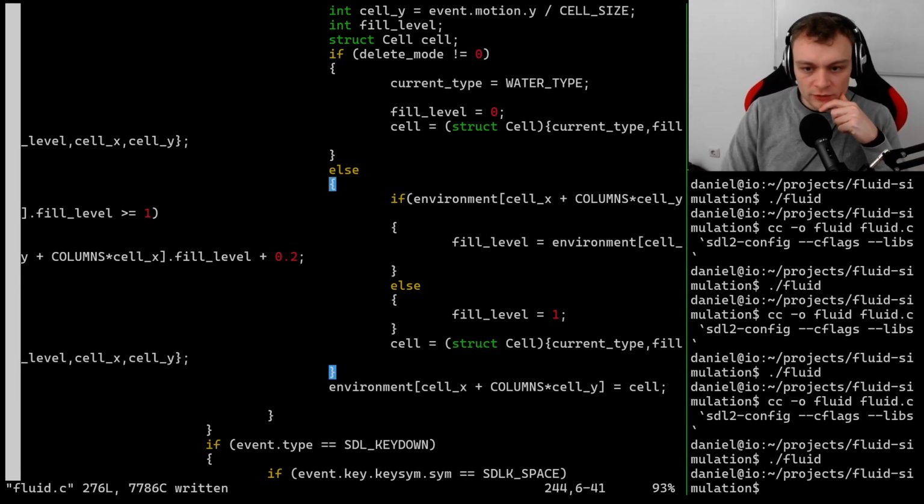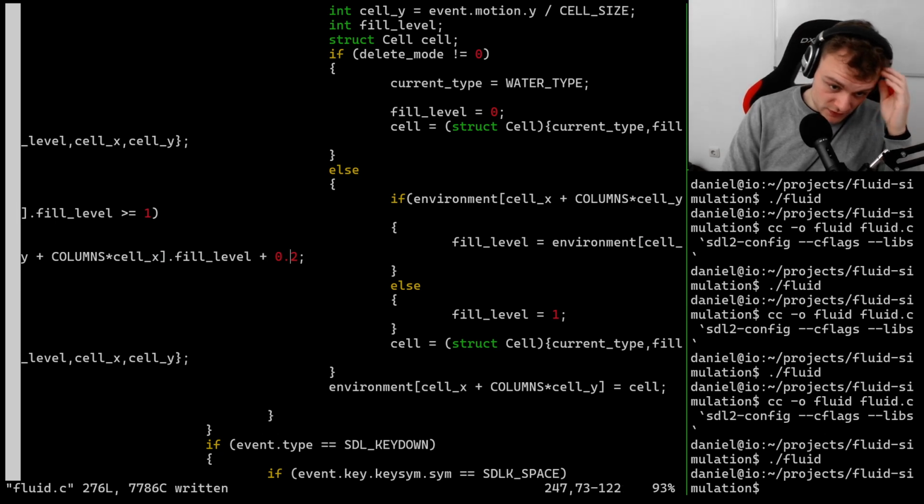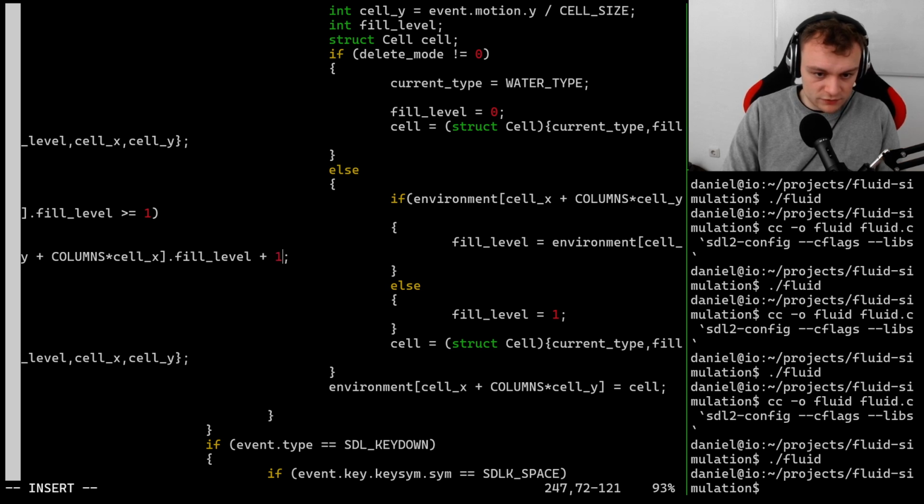If the current cell's fill level is bigger than or equal to 1, then increment it by, what happens if we do 1 here?